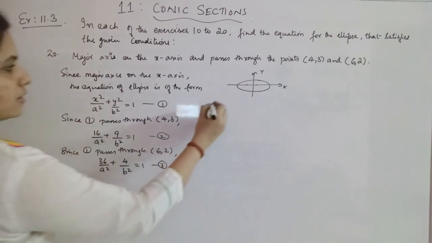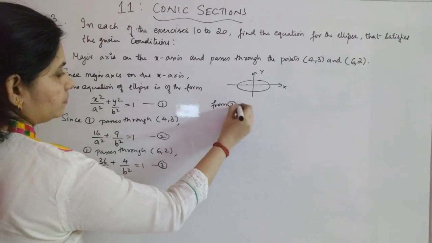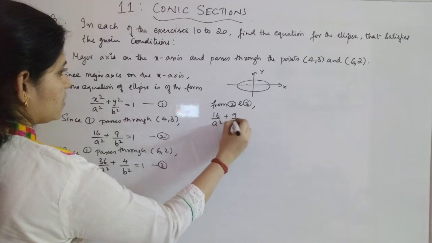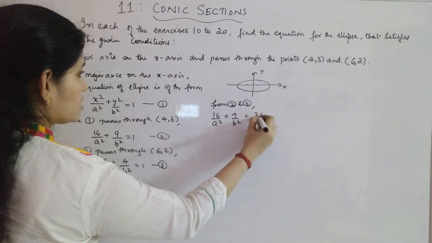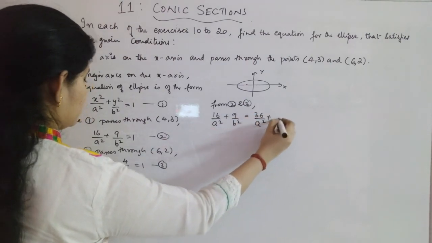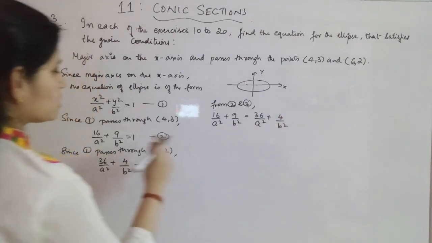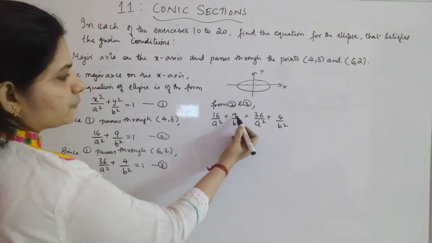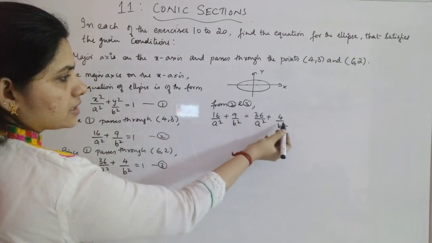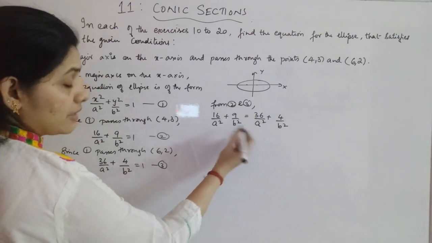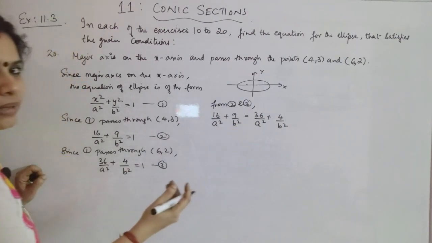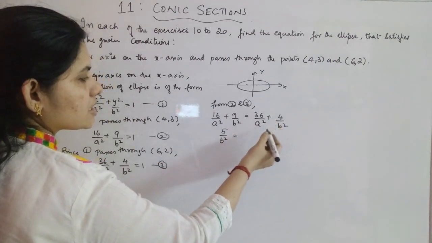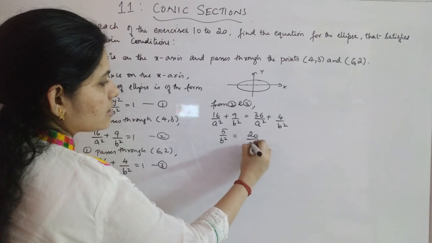So from 2 and 3 what you are getting? 16 by a square plus 9 by b square equal to 36 by a square plus 4 by b square, because the right hand side both have 1, so we can equate them. I will just take this b square term to the left side, that means I will get 9 minus 4 by b square, or 5 by b square, is equal to 36 minus 16 by a square, so it is 20 by a square.